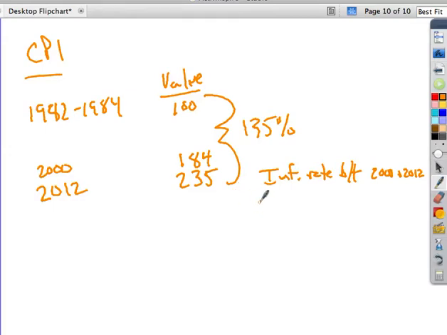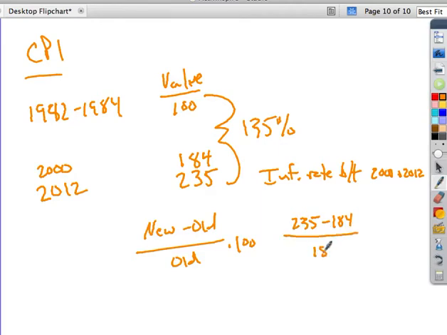All right, hopefully you did that. Hopefully you clicked pause. To do this calculation, remember it's the new minus the old, divided by the old, times 100. So that's 235 minus 184, divided by 184, times 100. Let me work this out real quick.